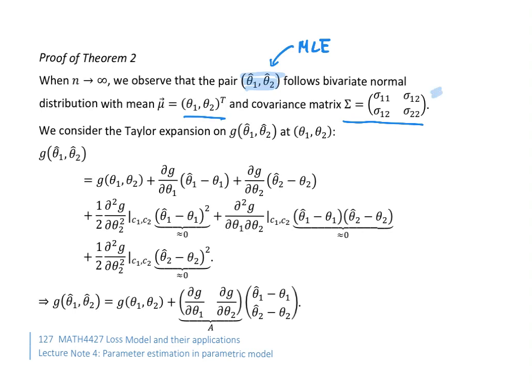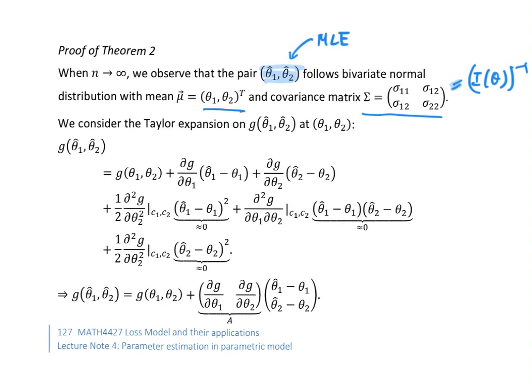Just remember that this covariance matrix is equal to the inverse of this matrix I theta. Now let us use this to get the distribution of this estimator.